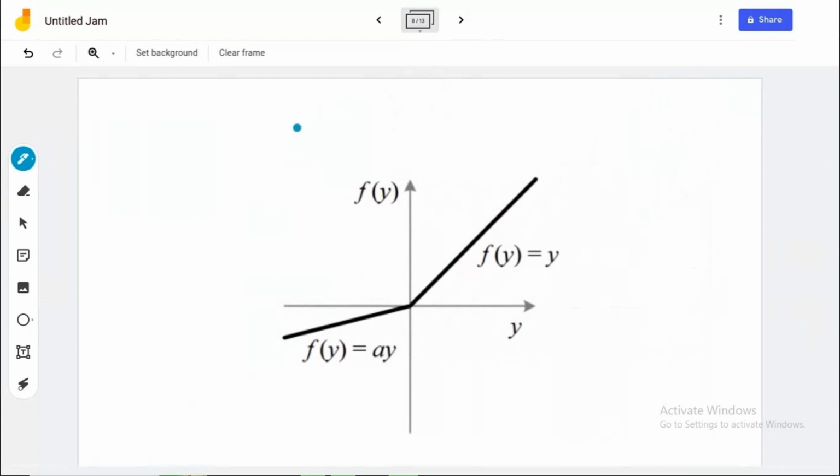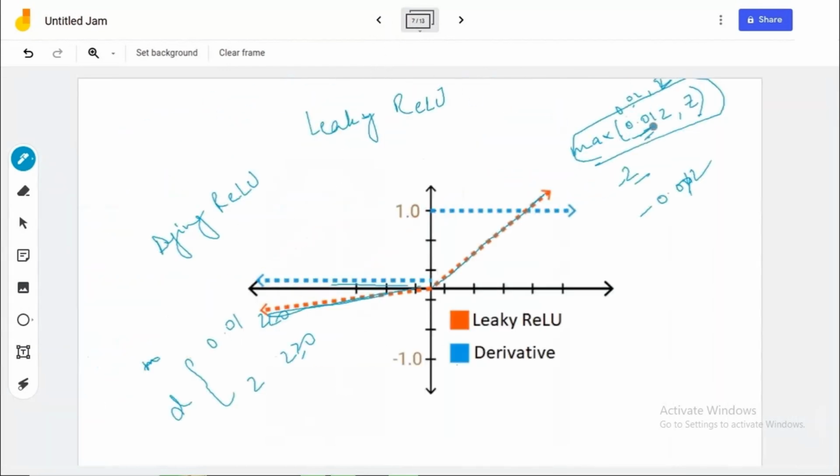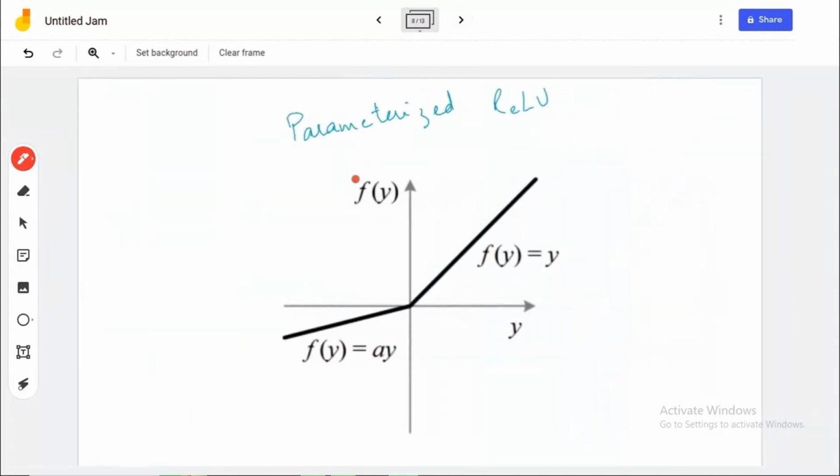So now let us move into the next one, parameterized ReLU. The one question that you have is, why take 0.01? We can take any other number. Hence came the concept of parameterized ReLU. Here the function is the maximum of alpha z, comma z, where alpha can be any number that has been trained by the model.